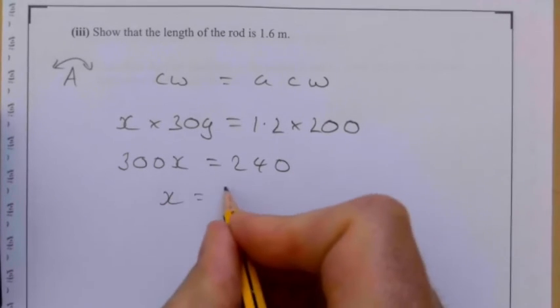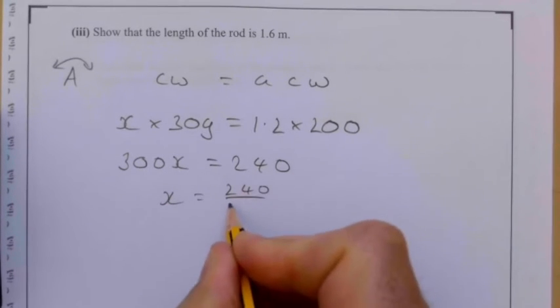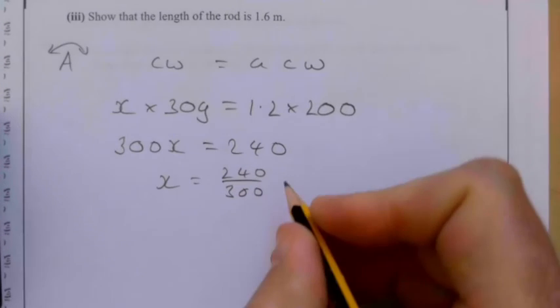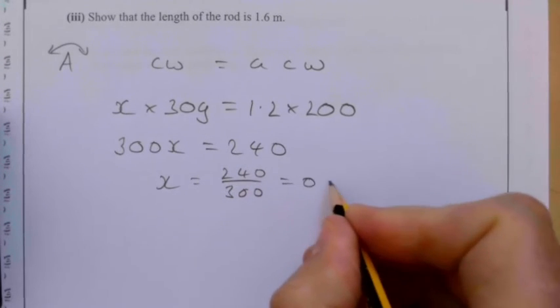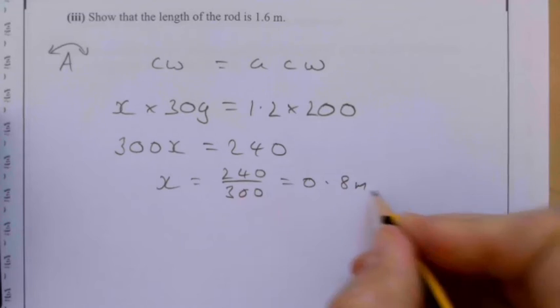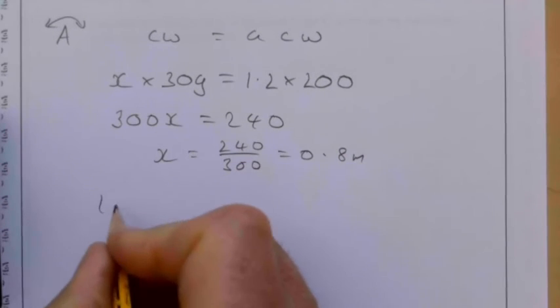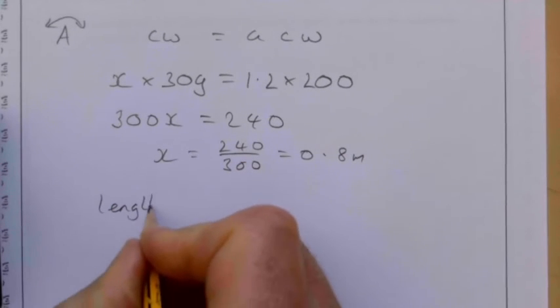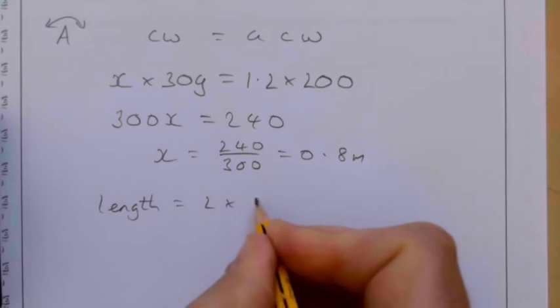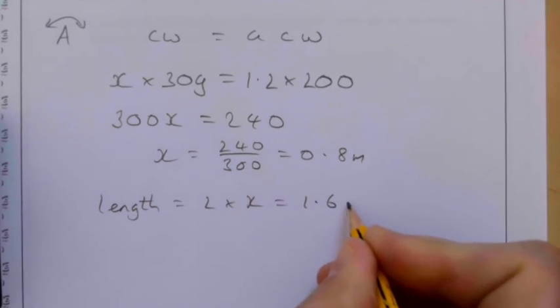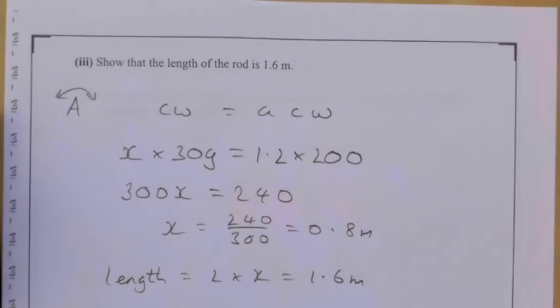So X is 240 over 300, and that gives me 0.8 meters. So our length, as we know, is 2 times X, which gives me the 1.6, which is what we were asked for.